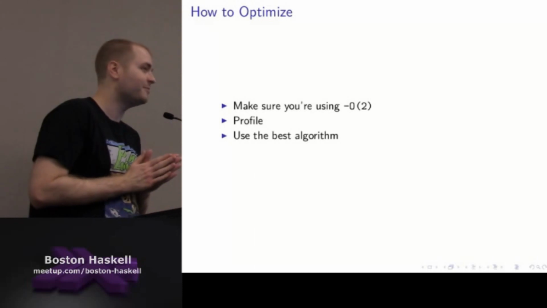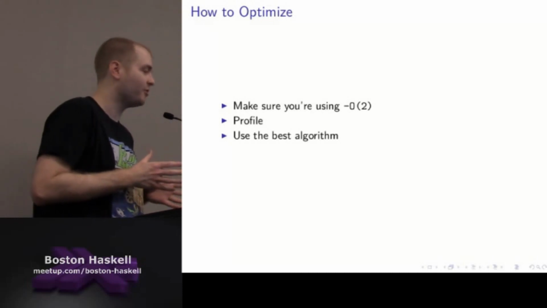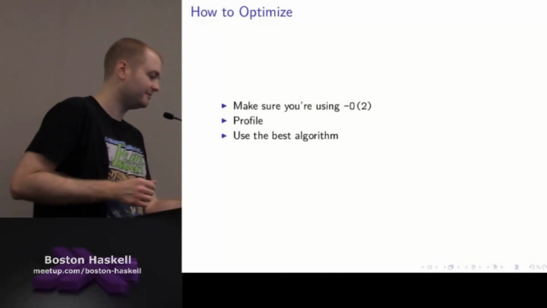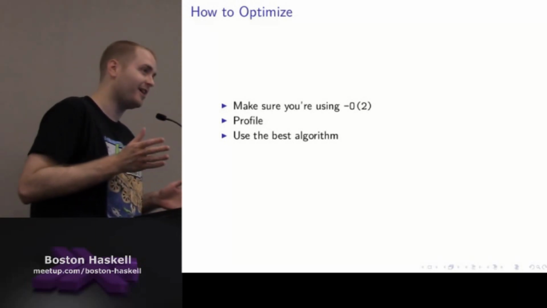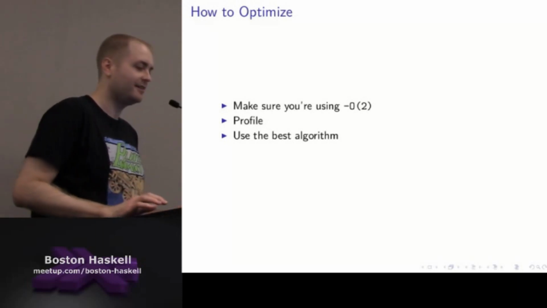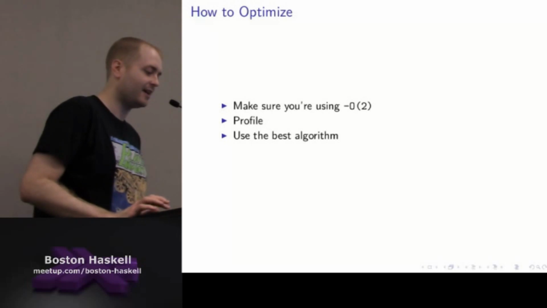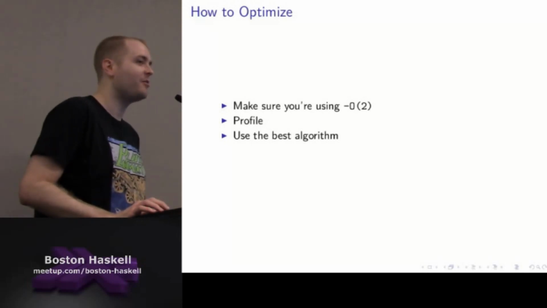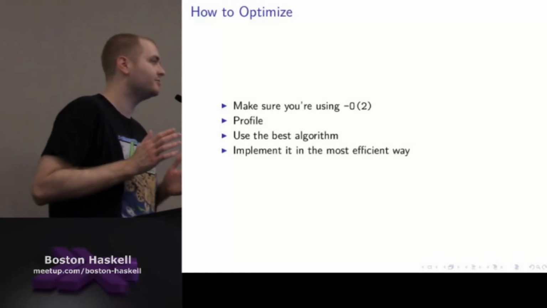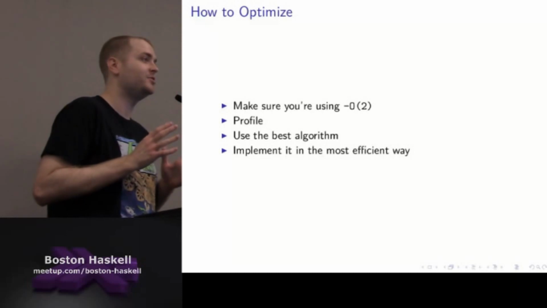After that, you should make sure you're using the best algorithm for the part that you've identified as actually slow. But I'm not going to talk about any of that. I'm going to talk about how, once you do all that stuff, you look at what GHC is doing and try to make it do something better and generate better code.